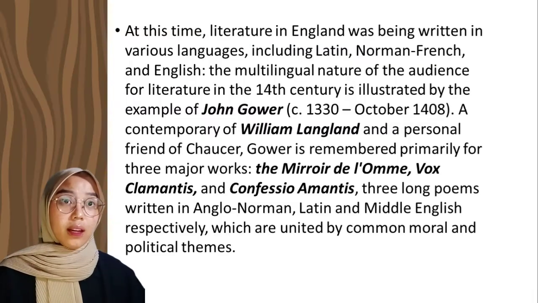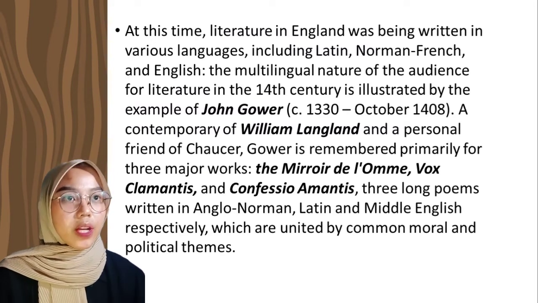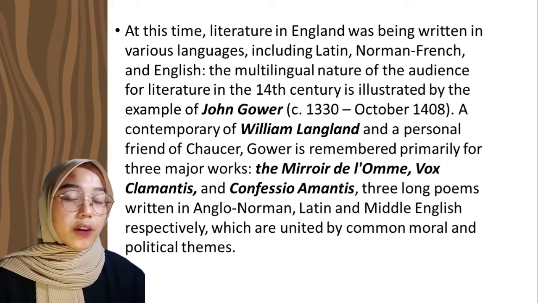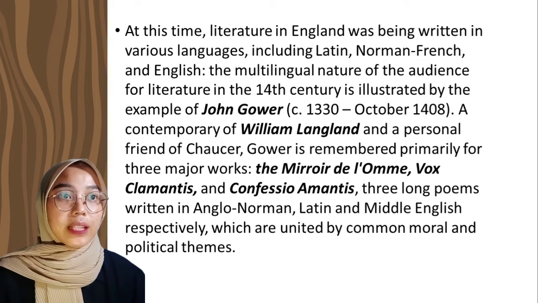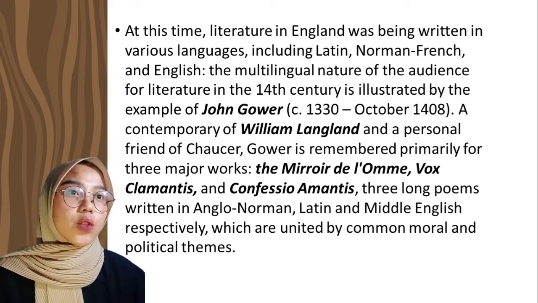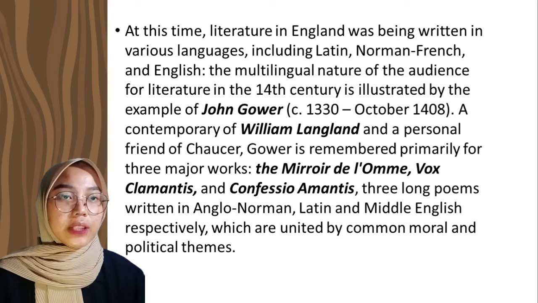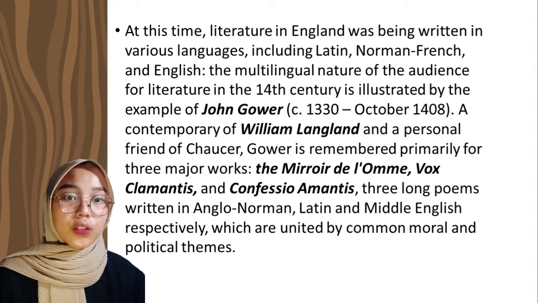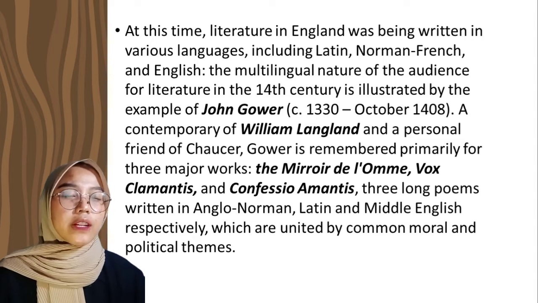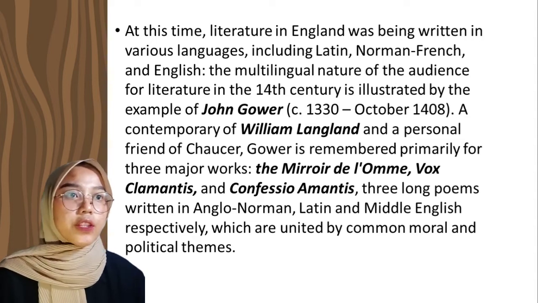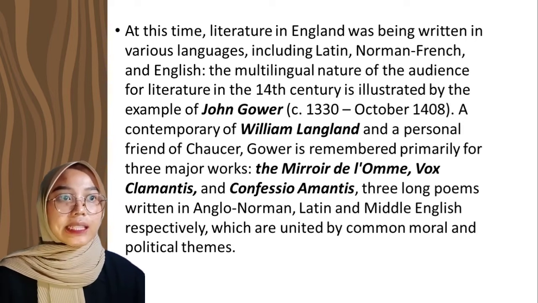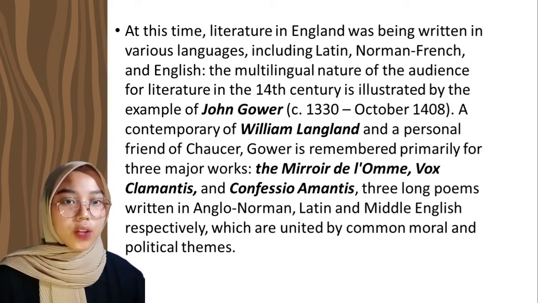And next, at this time, literature in England was being written in various languages, including Latin, Norman French, and English. The multilingual nature of the audience for literature in the 14th century is illustrated by the example of John Gower, who died in October 1408, a contemporary of William Langland and a personal friend of Chaucer.